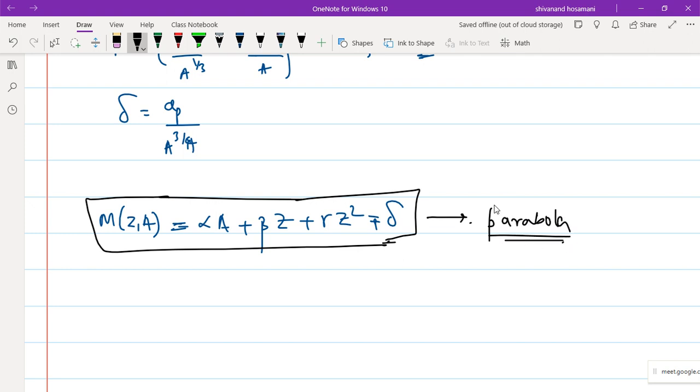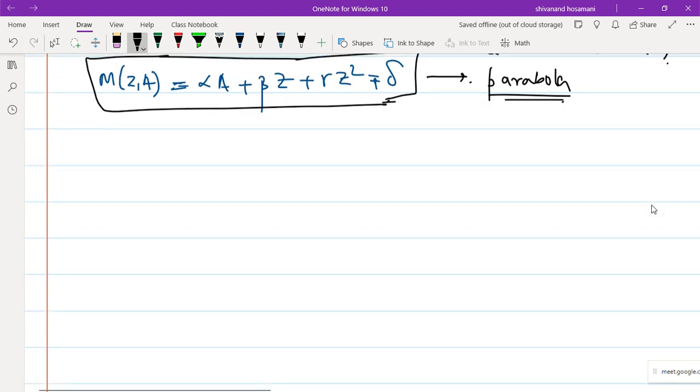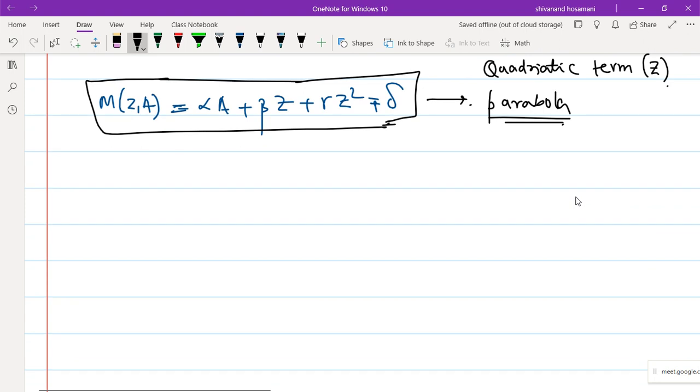Because all quadratic equations are going to represent a parabola. Because it is a quadratic term of Z. Therefore, this expression explains about a parabola. It's a parabolic equation.